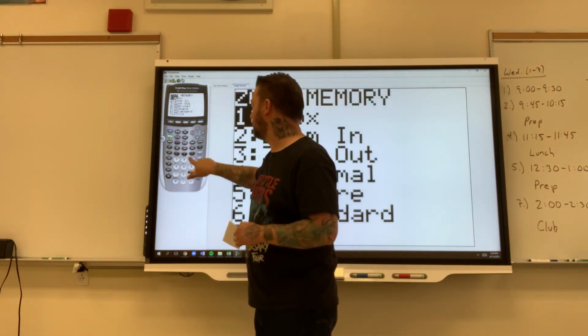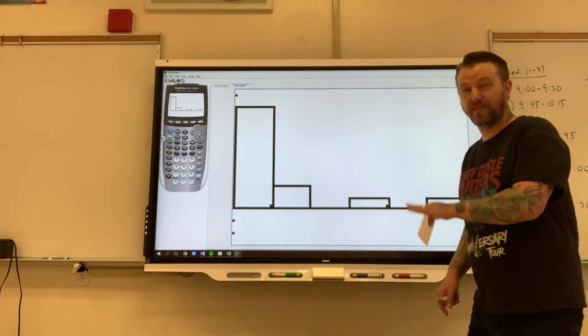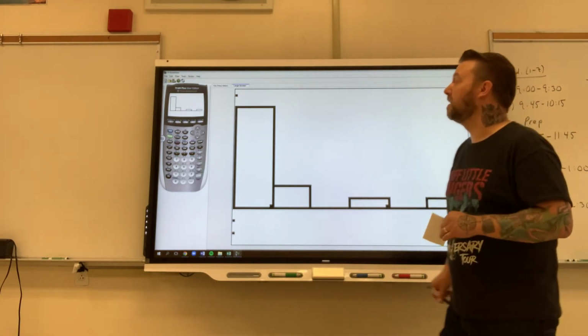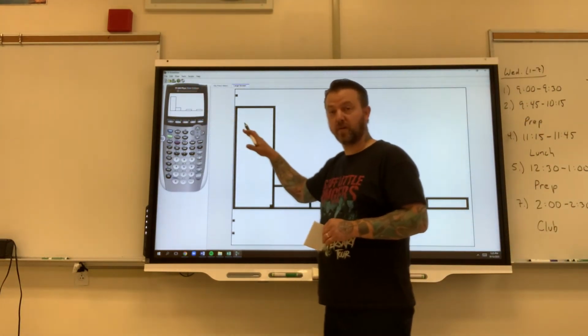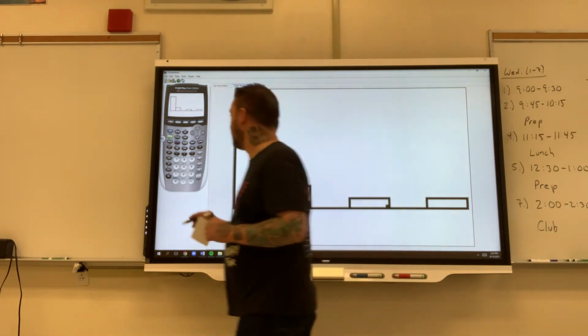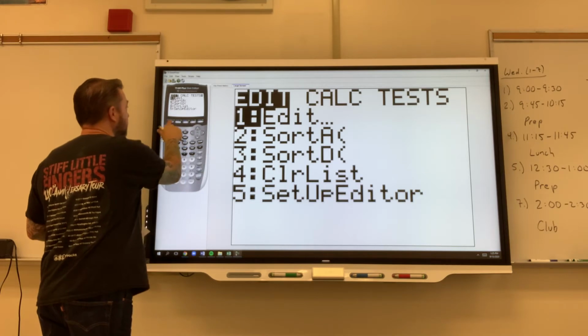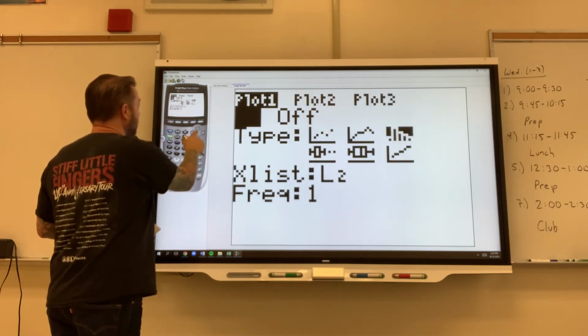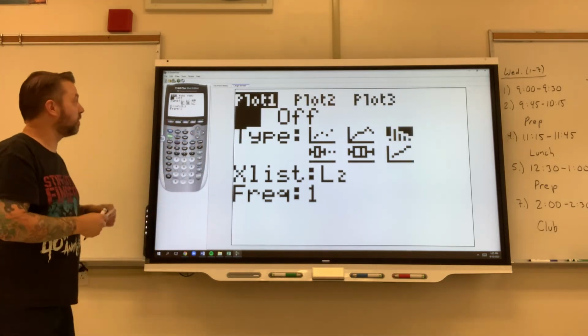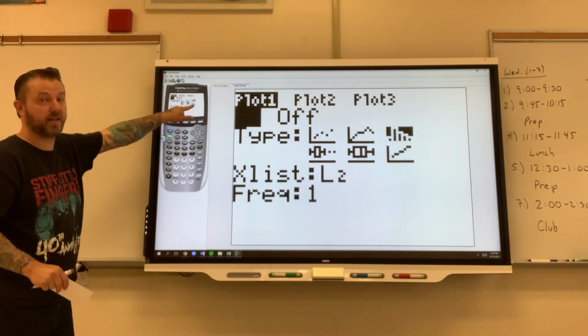Zoom 9. Definitely skewed, so this is skewed right by a lot. Now, let's look at the normal probability plot. If I wanted to do a normal probability plot, it's this last one right here.